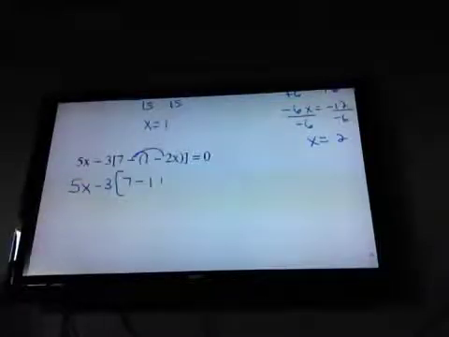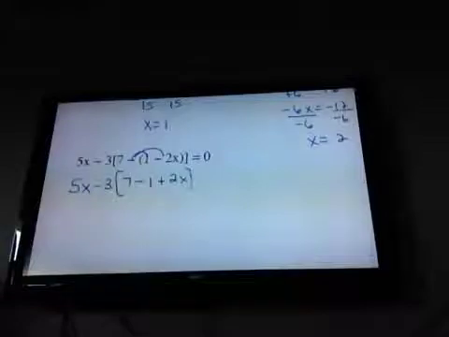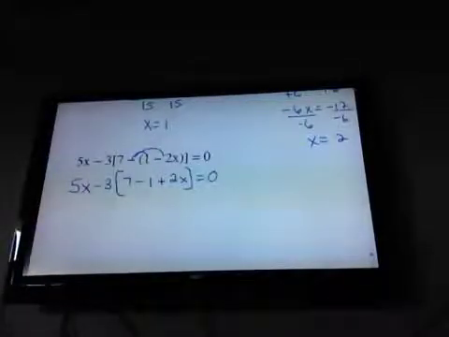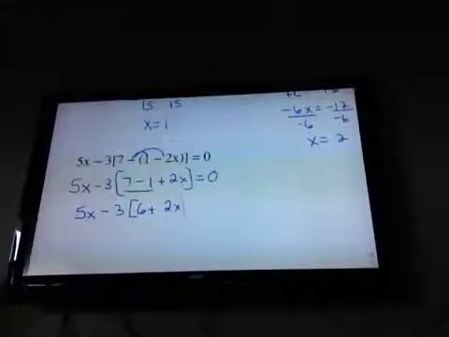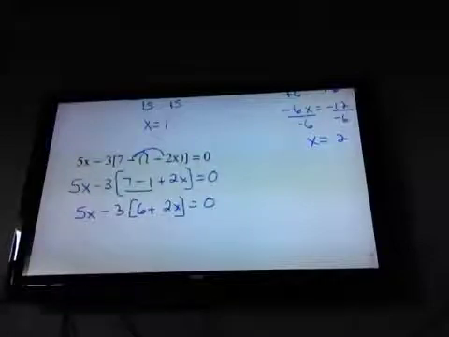Negative to a negative makes it positive 2x. Collect like terms. I like to finish my grouping symbols off. You could distribute first and then collect your like terms. I like to collect like terms and then distribute.